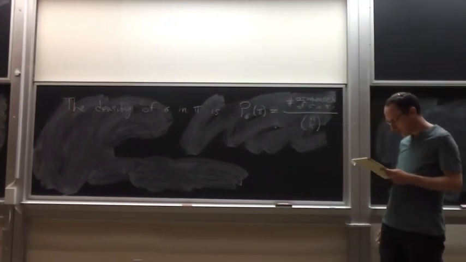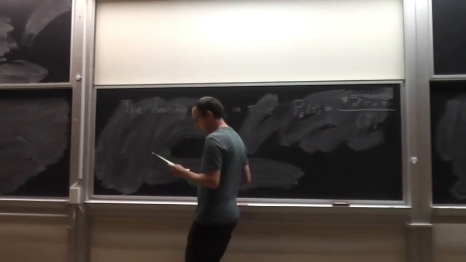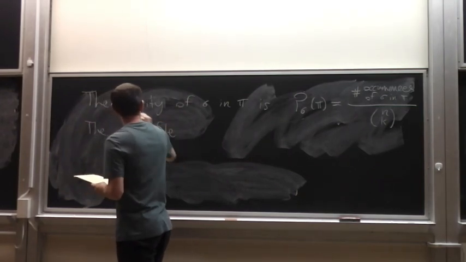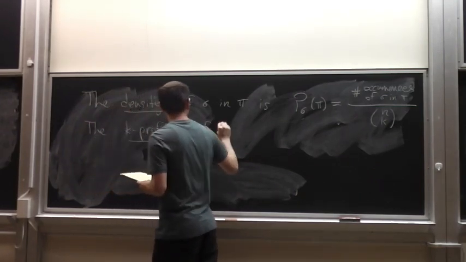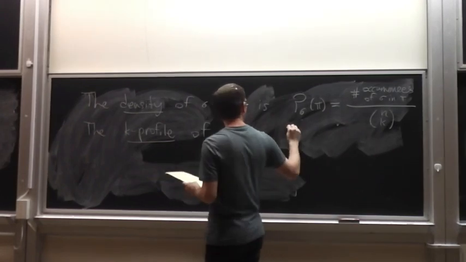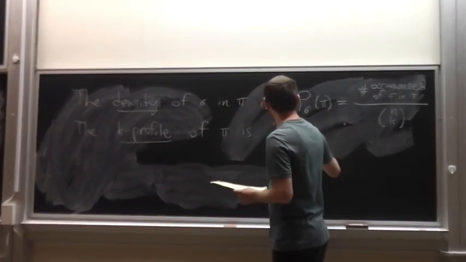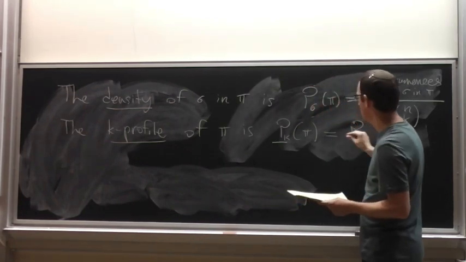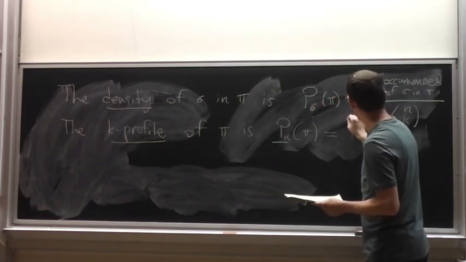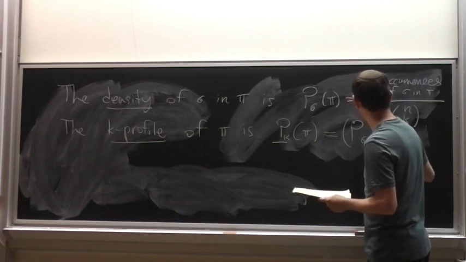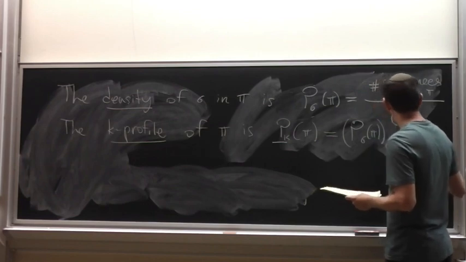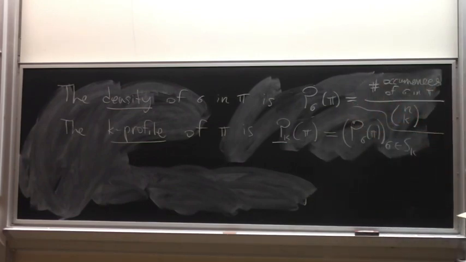We also define a vector, the k-profile of pi, which is the vector P_k(pi) of all pattern densities, where sigma runs over S_k.